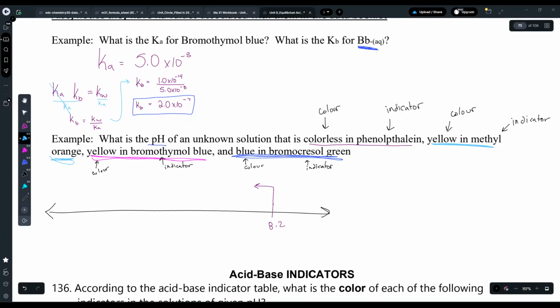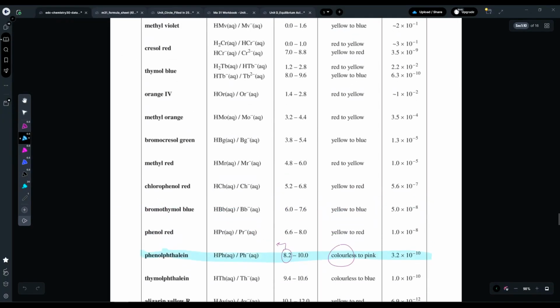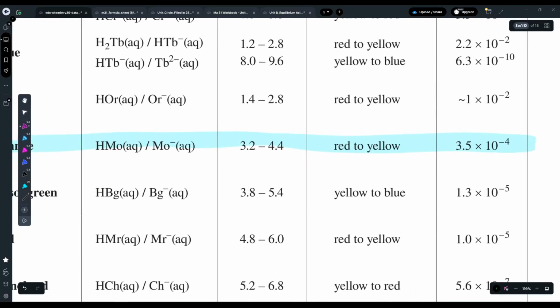So we've got yellow in methyl orange. Let's find where methyl orange is. Well, methyl orange is right here. It said yellow, so yellow is the right-hand color, so that corresponds with the right-hand number.